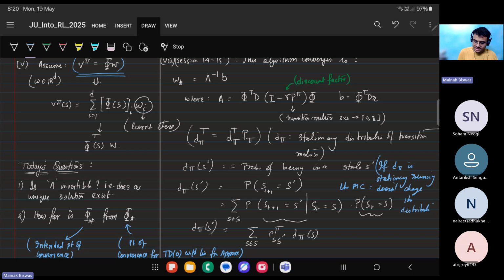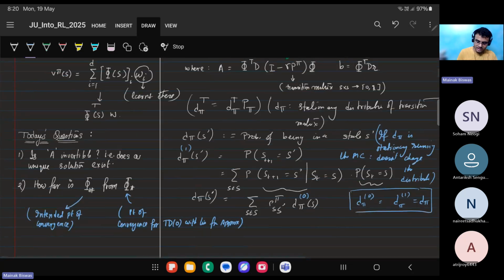We showed it last time that this could be the distribution at time 0, 1 and so on. This could be the distribution at time 1 if we had this as the distribution at time 0. We say that D pi at 0 is equal to D pi at 1. If this is true, then this is called a stationary distribution, right?